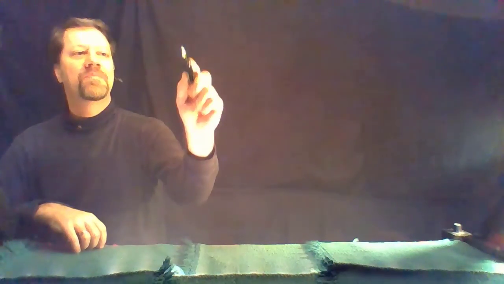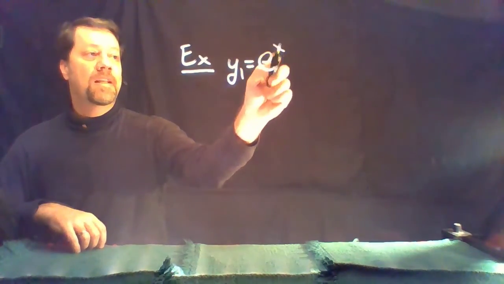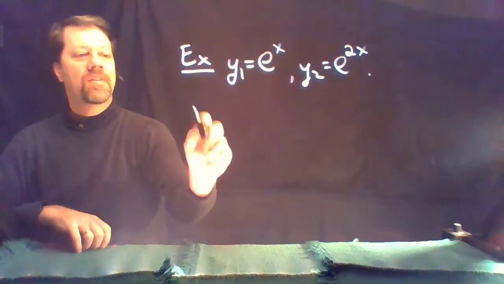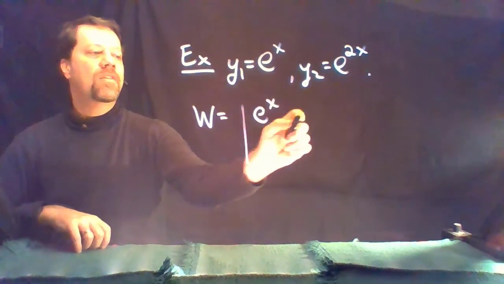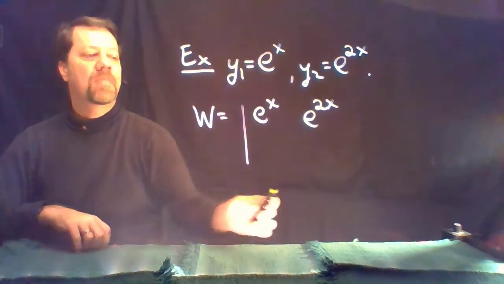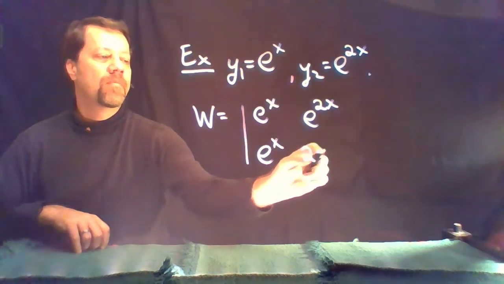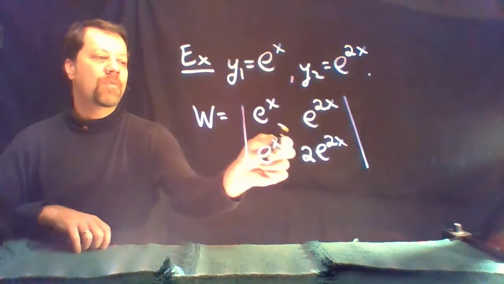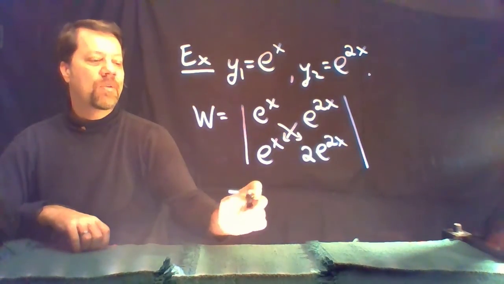Let's look at an example. Suppose that y1 is e to the x, y2 is e to the 2x. Then the Wronskian will be the determinant where we plug these functions into the first row, and in the second row we put their derivatives. To calculate the determinant, we multiply this way, and then we subtract the product the other way. So we get 2.